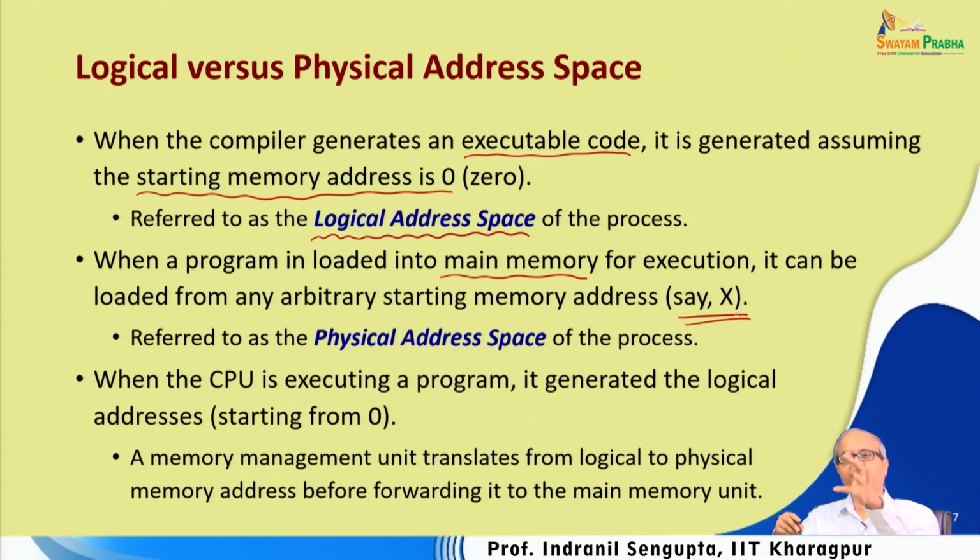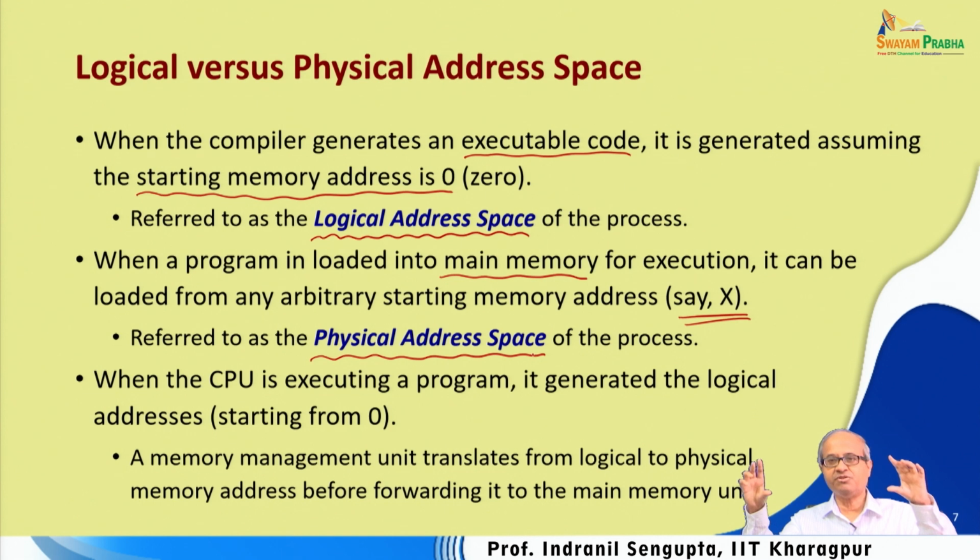This is actually where the process gets loaded in memory, and this is called the physical address space. So, you see there is a gap: there is a logical address space on one side and a physical address space on the other, and they are not the same. Logical address space assumes the addresses start with 0, while physical address space addresses start with some value X.